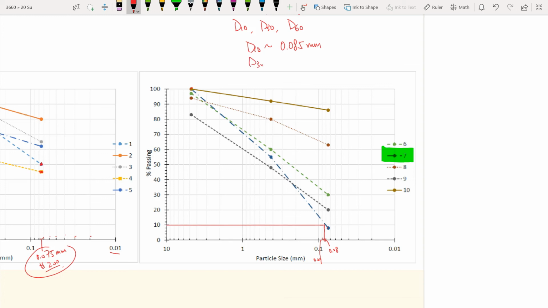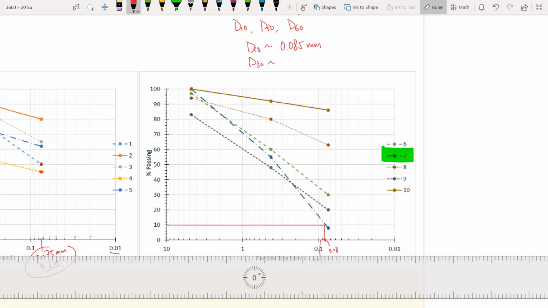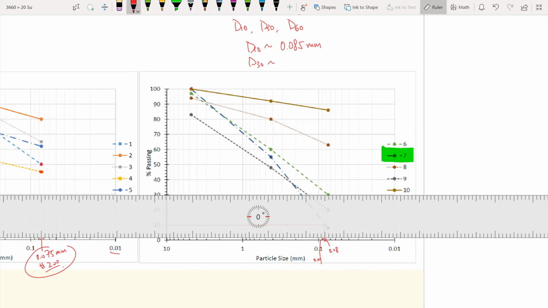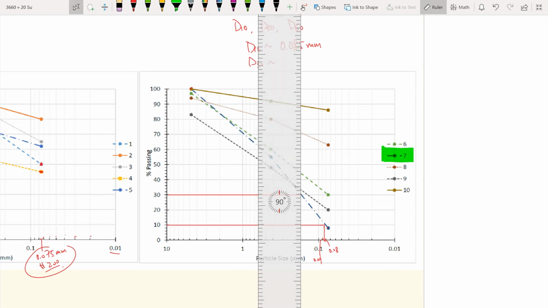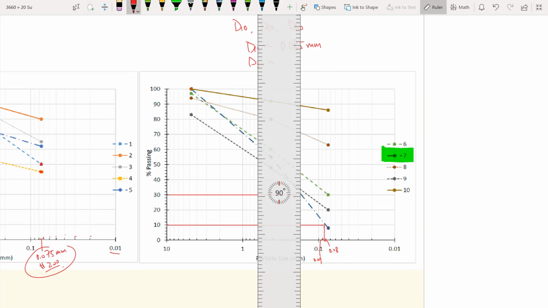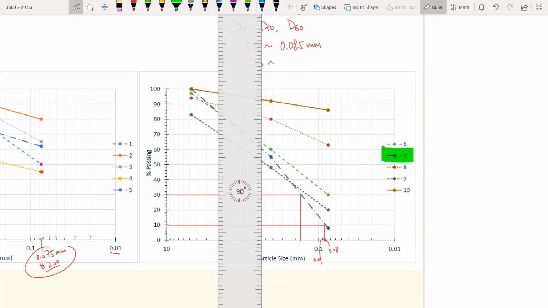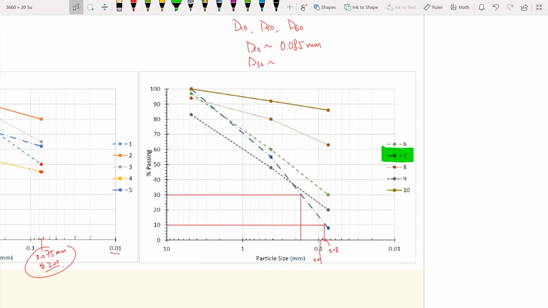Likewise, we need to find D30. D30 is where we go to 30% passing, and we go to this chart. So this is about 0.018. This is a log scale.